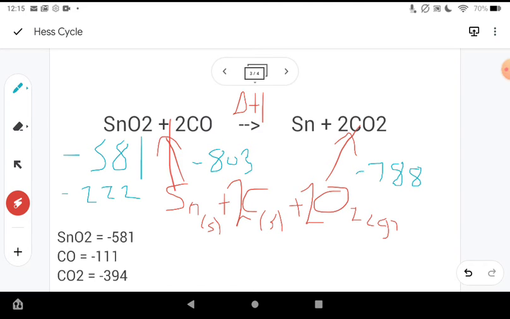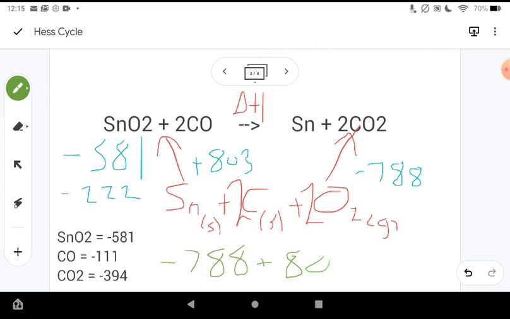Because I'm going against this arrow, that's going to turn into a plus, and with this arrow, that stays as a negative. So my calculation would be minus 788 plus 803, which equals 15 kilojoules per mole. I just haven't got the room to put per mole. So that's how you'd find the value for ΔH.